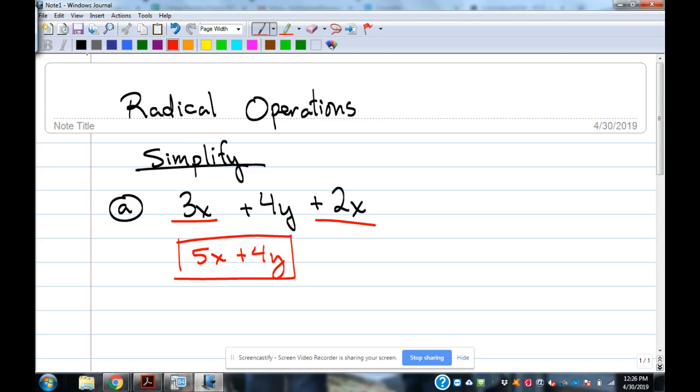Okay. What's that got to do with radicals? What that's got to do with radicals is you might have a problem with 3 square root of 2 plus 4 square root of 3 plus 2 square root of 2, and you're asked to add those together. Which ones are like terms?